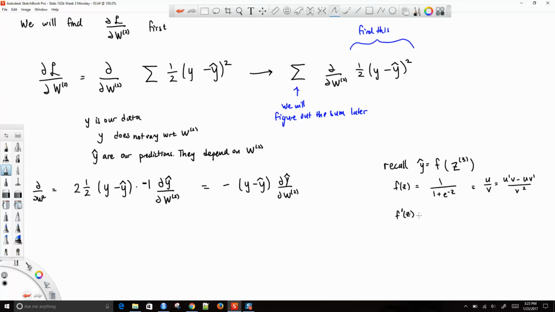When we do this, we get e to the negative z over (1 plus e to the negative z) squared. So we'll just say this is f prime of z here.